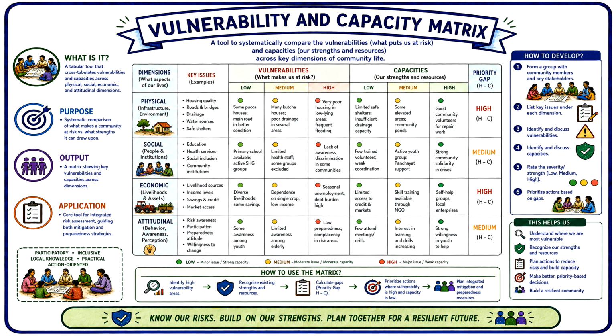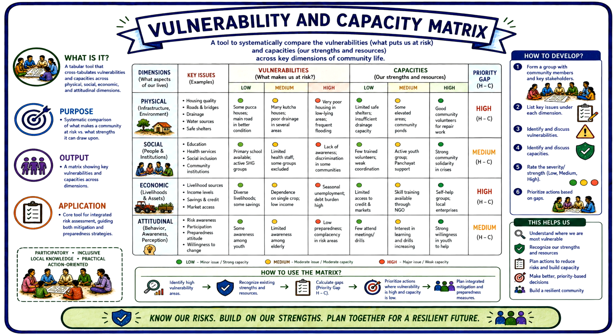Vulnerability and capacity matrix is a participatory assessment tool that systematically compares a community's vulnerabilities and capacities across physical, social, economic, environmental, and institutional dimensions.